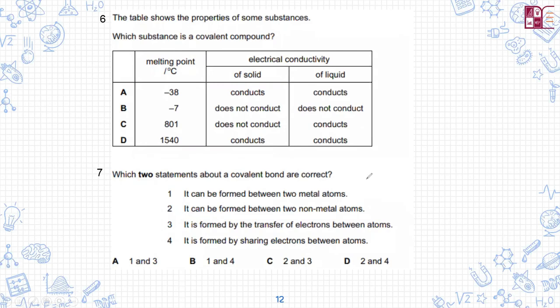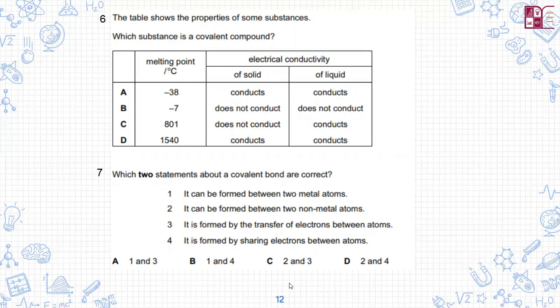The table shows the properties of some substances. Which substance is a covalent compound? We have to tell which one is a covalent compound. Remember that covalent compounds, whenever they are solids or liquids, do not conduct electricity, except for graphite and aqueous solutions of acids only. They are not going to conduct electricity whichever state they are in, whether solids or liquids.